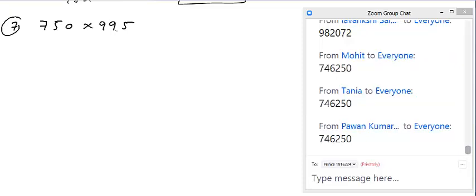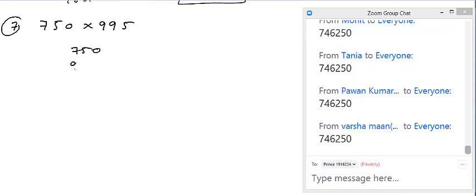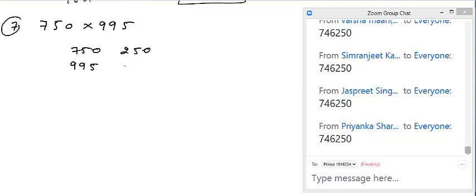746250. Very interesting. Pavan Kumar, Tanya, you have done it. Mohit, absolutely correct. 750995, but don't use the calculator. Its deviation is 250. Is 005. So both are negative. Okay, when you multiply, you will get 1250.